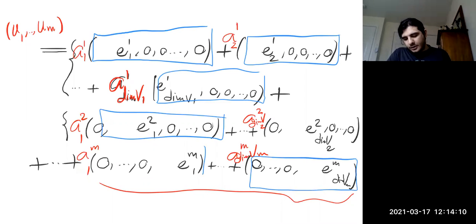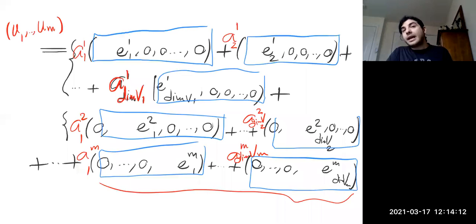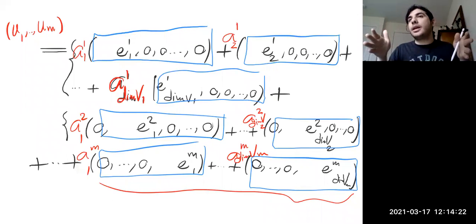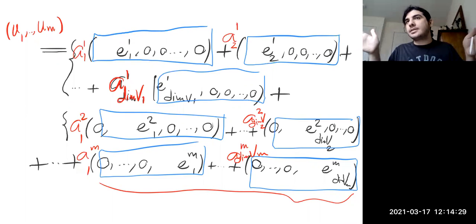And if you look carefully, you would see these are exactly the vectors we said are the basis of this product space. Now we have shown any vector in the product space can be written as their linear combination. It means these vectors indeed generate all of this space. So the set of these vectors is a generator for this space.